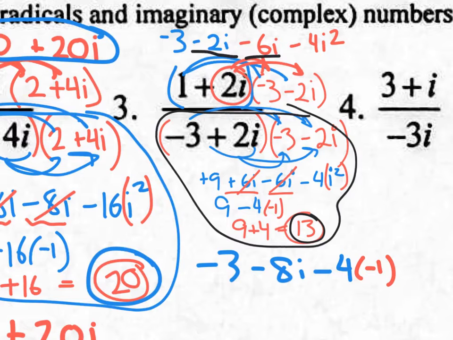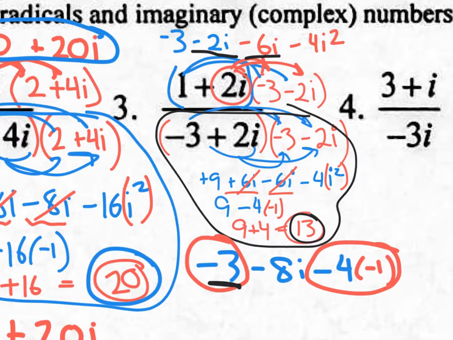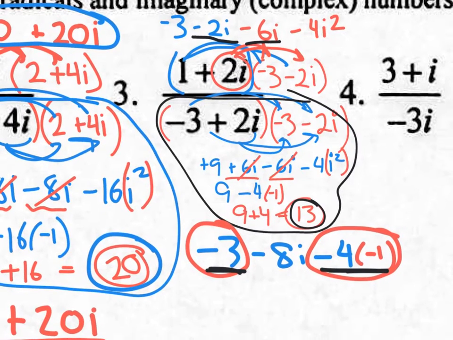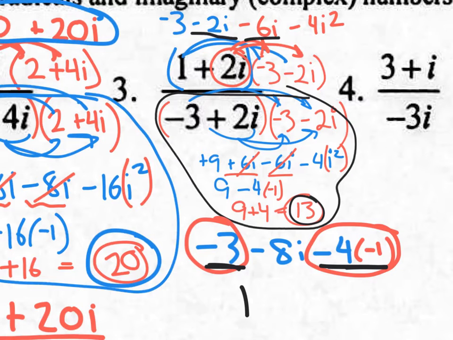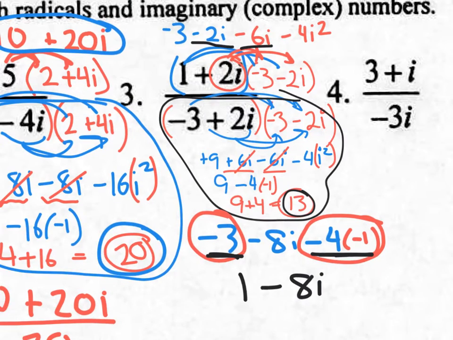Okay? So what do I really have up on top? I have this negative 3 that I could combine with this positive 4. If I combine this negative 3 with this positive 4, I'm going to get a positive 1. So I really have a positive 1 minus 8i, and that's my numerator.